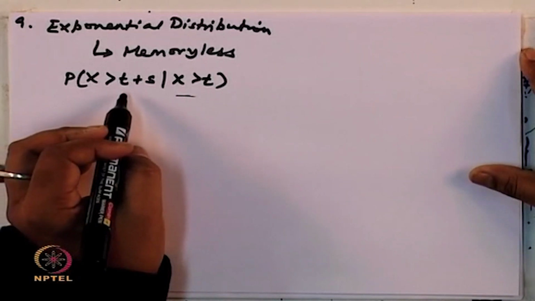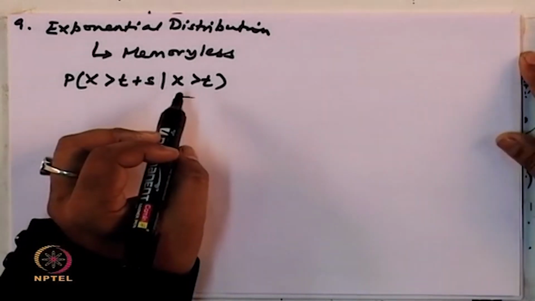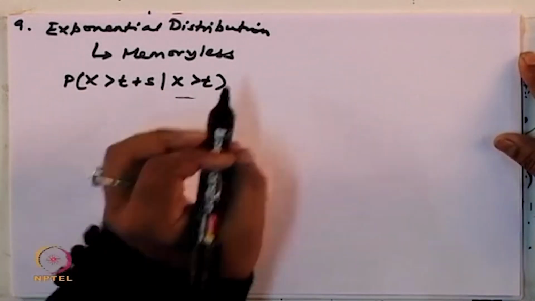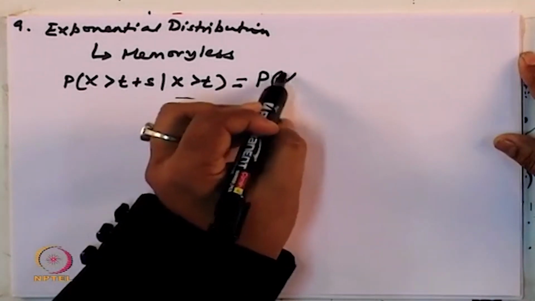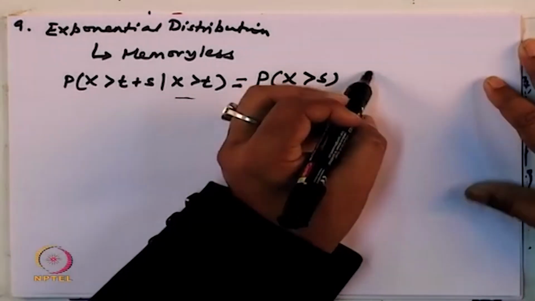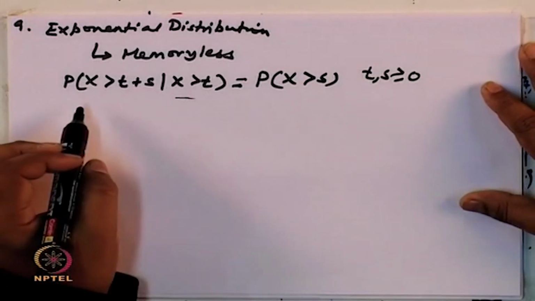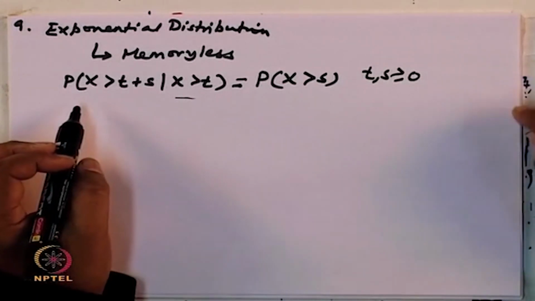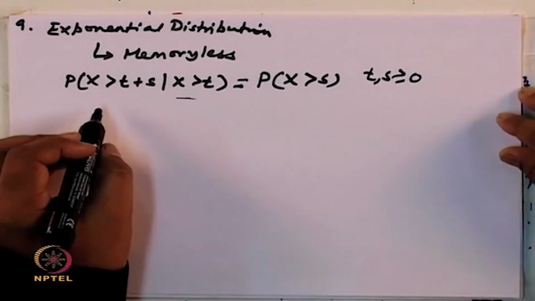What is the probability it will last for another s amount of time? One would ideally expect this to depend on t, but it does not depend on t, and this is simply the probability of X greater than s. This is the memoryless property, true for t, s greater than or equal to 0.